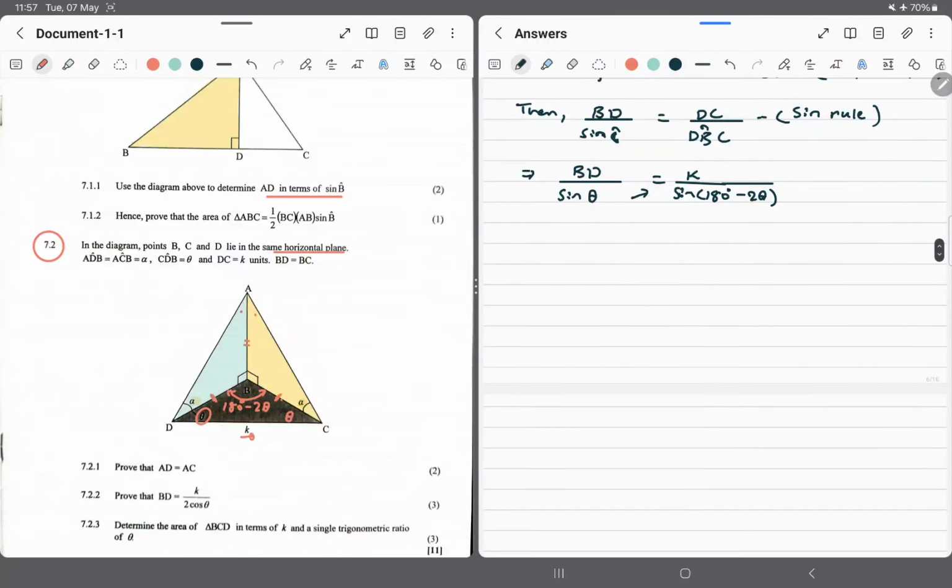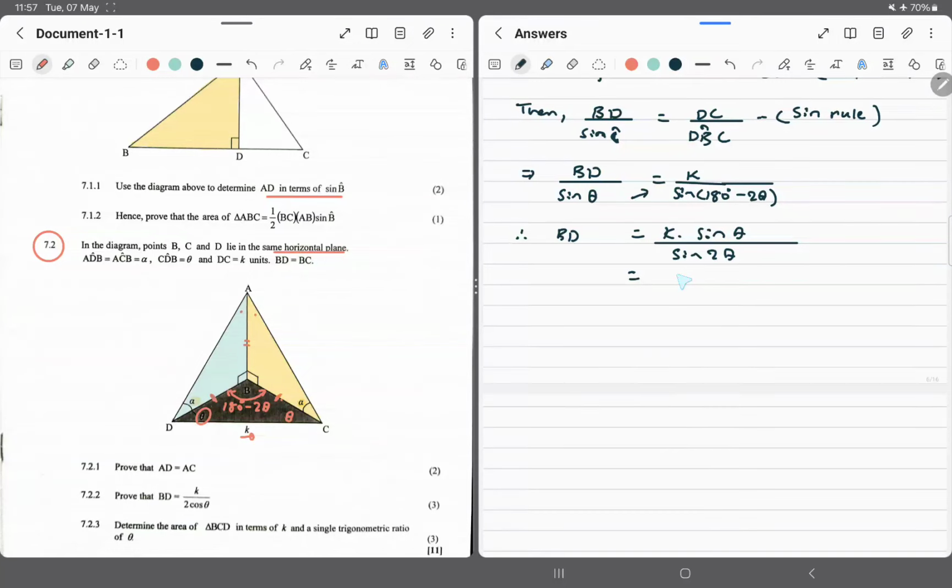Then we just cross multiply the sine there. We can say therefore BD is going to be K sine theta over, now this is a reduction story, sine in the second quadrant is positive, sine 2 theta.